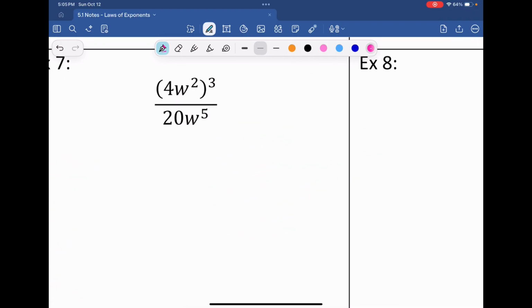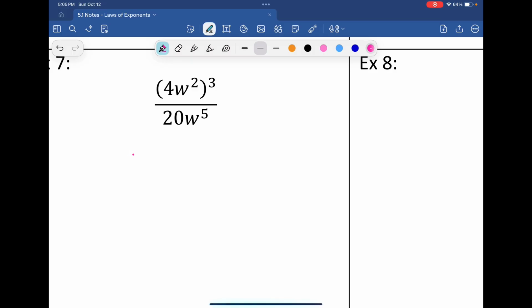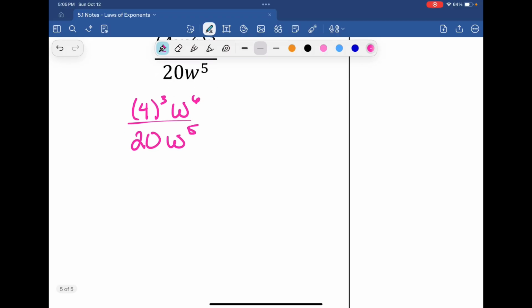Okay. You've got power in the numerator, so you want to deal with that before dealing with the denominator. So that is 4 to the third, w to the sixth. 4 to the third is 64. So now I'm going to deal with this 64 and a 20.